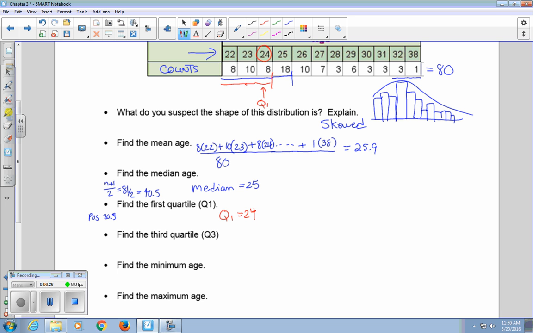So here, 1, 4, 7, 10, 16, 19, plus 7 is 26. And so the third quartile falls in this bin, meaning that our Q3 is equal to 27. Now our minimum age, we're going to be able to read that right off of our table. That's 22. And our maximum age is 38.